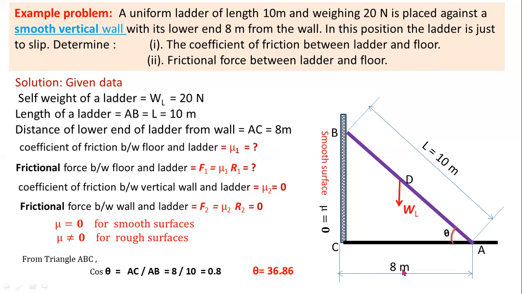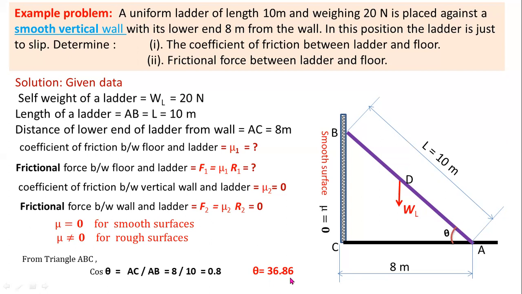Here AC equals 8 meters, AB equals 10 meters, so cos theta equals 0.8. Theta equals cos inverse of 0.8 equals 36.86 degrees. The angle of inclination of the ladder with respect to the floor is 36.86 degrees.